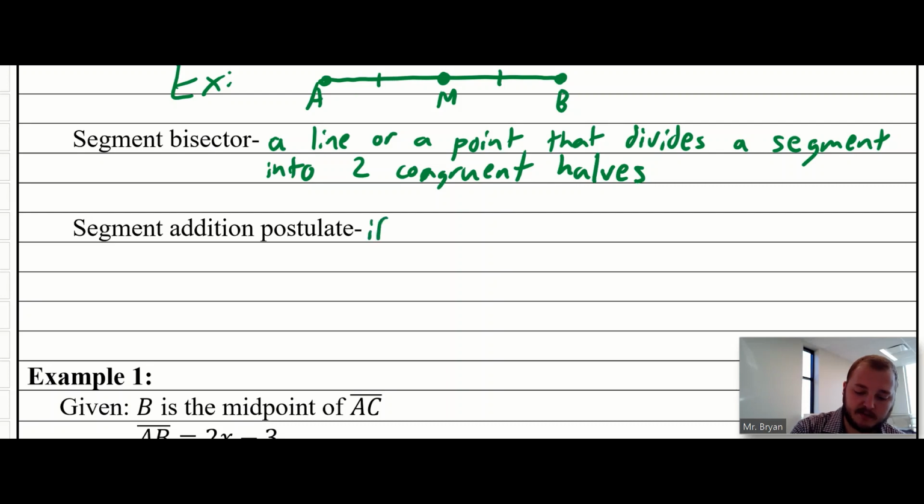It says if point, let's go point E, is between point D and F on a segment.